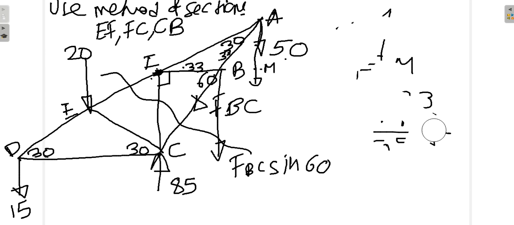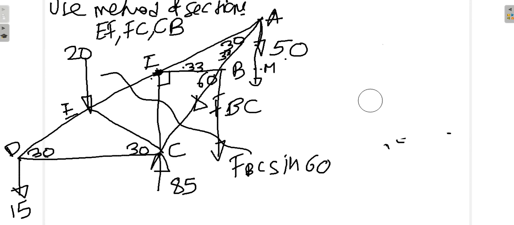By taking moments about point C, FC goes, BC goes, and we will get EF.